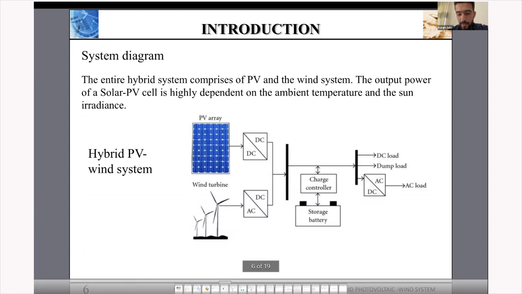The entire hybrid system comprises the PV and the wind system. The output power of the solar PV cell is highly dependent on the ambient temperature and the sun irradiance. The figure shows the hybrid PV and wind system.